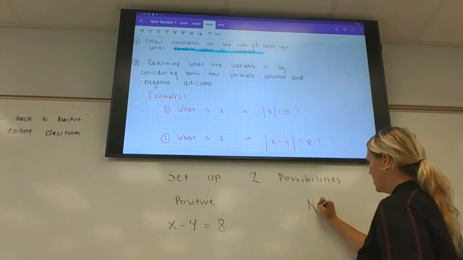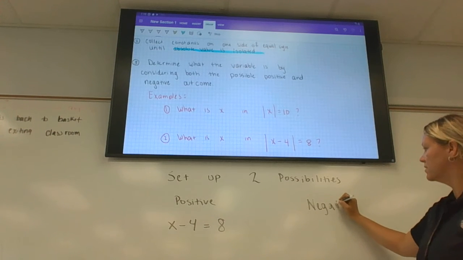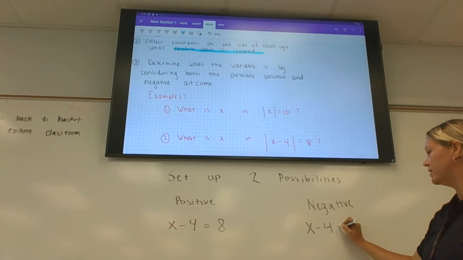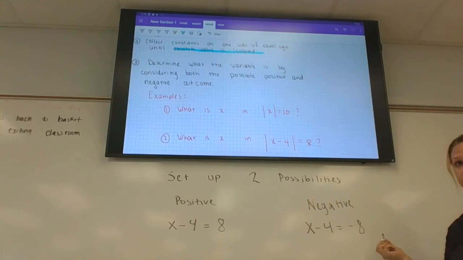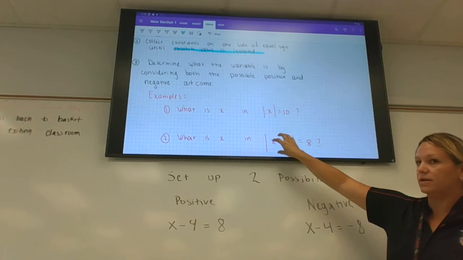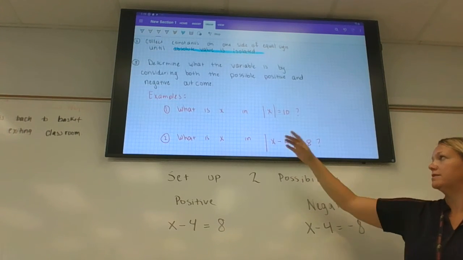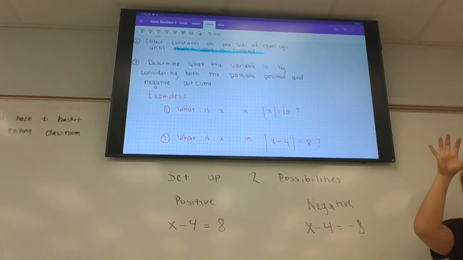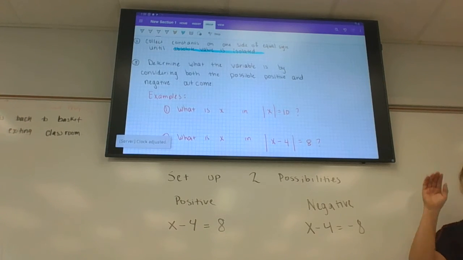Or you have this other negative possibility. Maybe x minus 4 equals -8. This inside here, when it's simplified, could be -8, and the bars made it look positive. We don't know. So you have to solve two equations and get two answers.